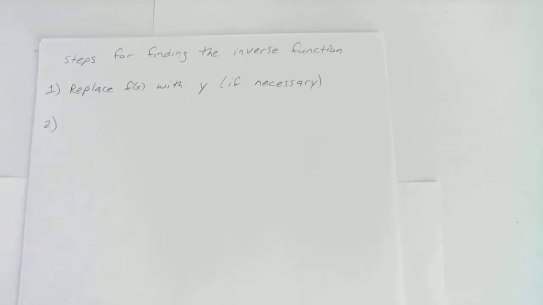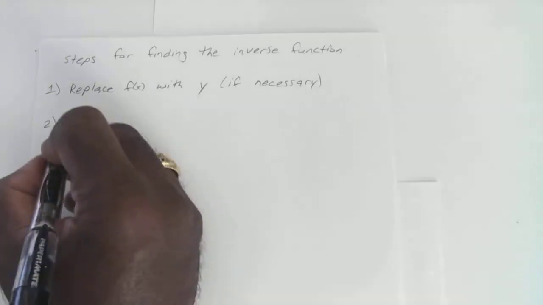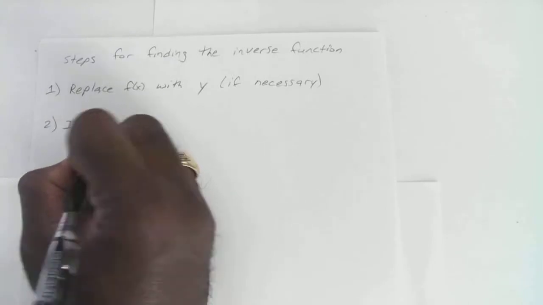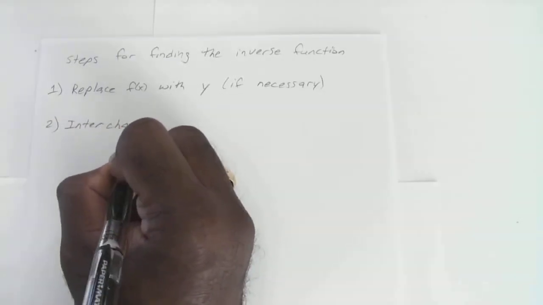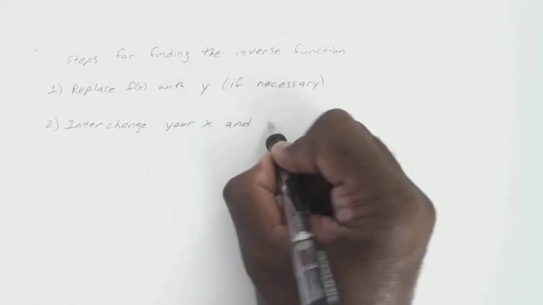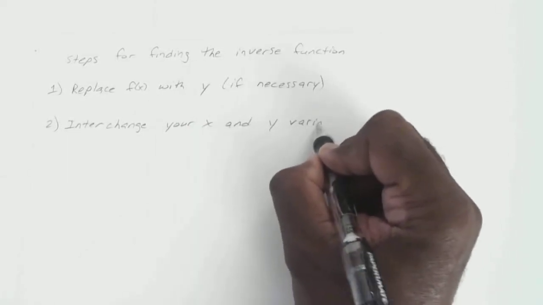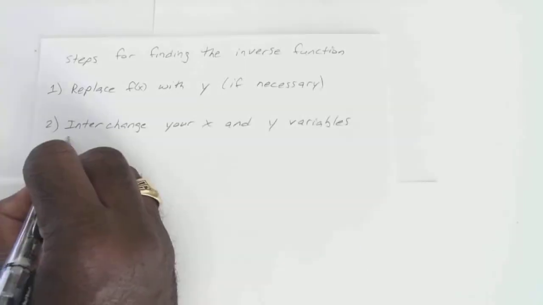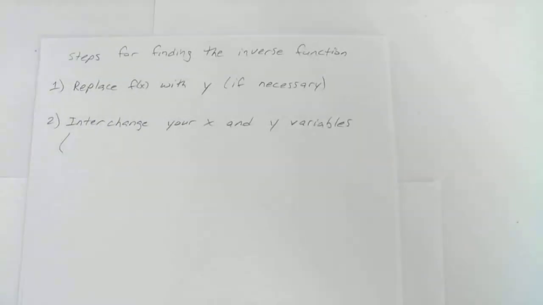Okay. Your second step, you're going to interchange your x and y variables. And that just means all your x's become y's and all your y's will become x's.